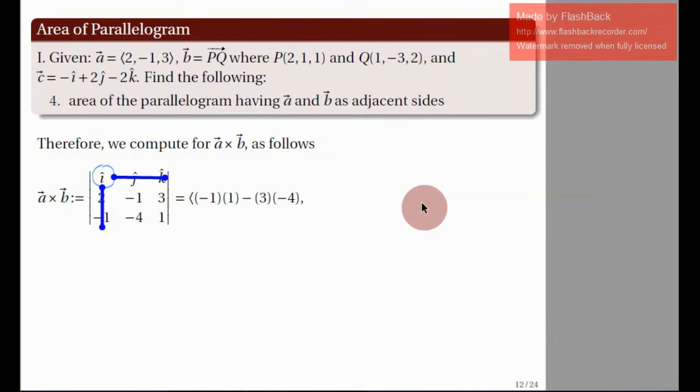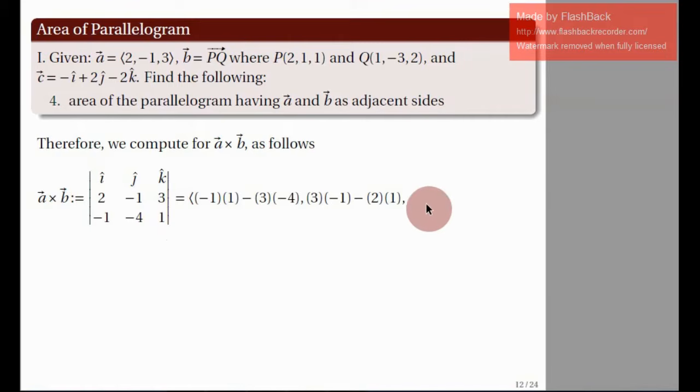Next one, we encircled j hat and crossed out the corresponding column and row. And j hat is a little tricky because it uses kind of the reverse version of getting the determinant. That is, we first get the product of 3 and negative 1, minus 2 times 1. Again, placed in the second component of our resulting vector because the answer there is multiplied to j hat.